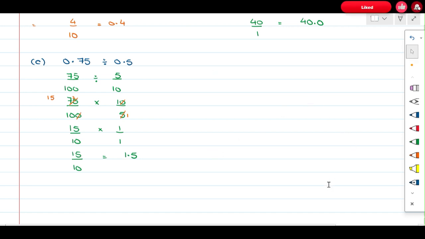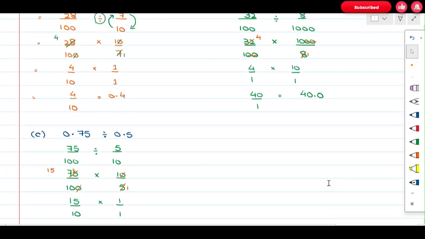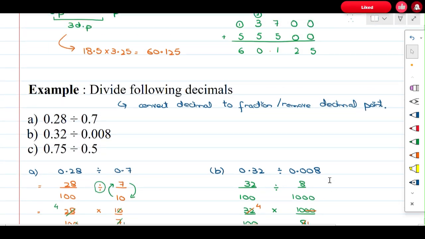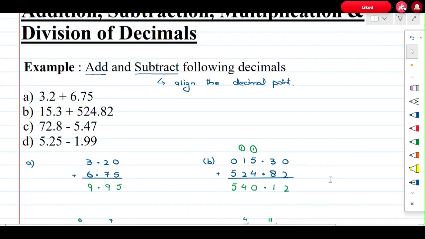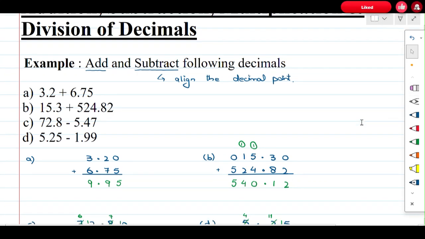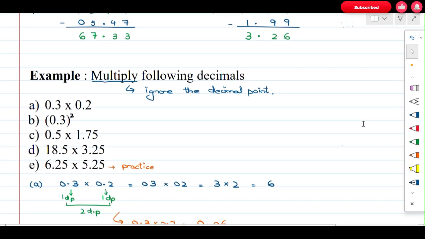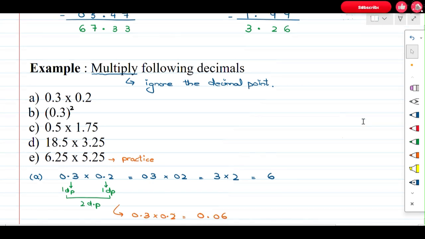So I hope you understand how we add, subtract, multiply and divide the decimal numbers. So basically in addition, you remember the rule that in addition and subtraction we have to align the decimal point, and once you align the decimal point you can easily do the simple addition and subtraction to get the answers. In multiplication, the first step is to ignore the decimal point, do the simple multiplication, and your answer should have the total number of decimal places, right?